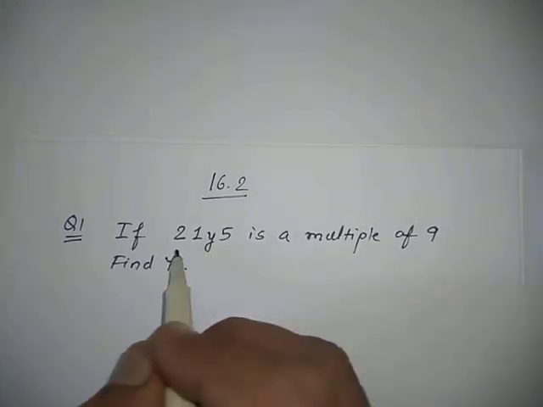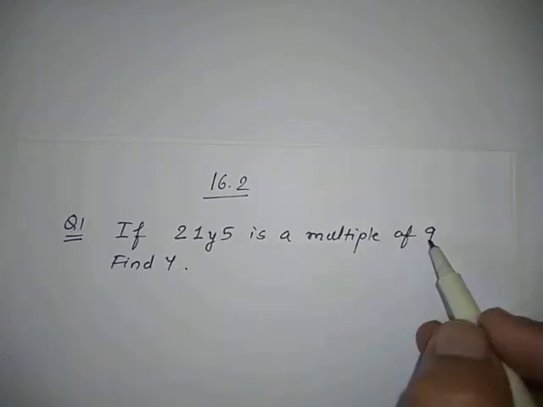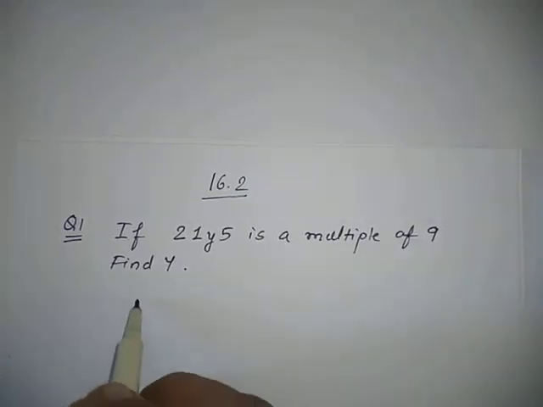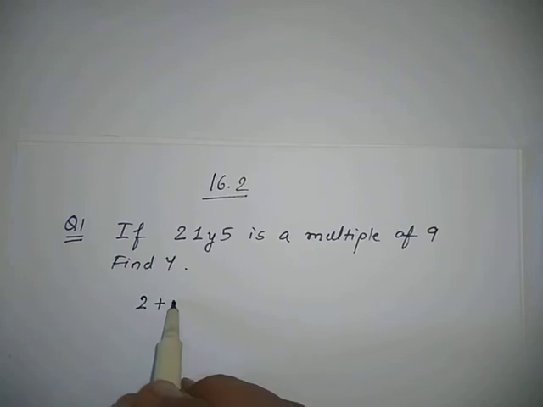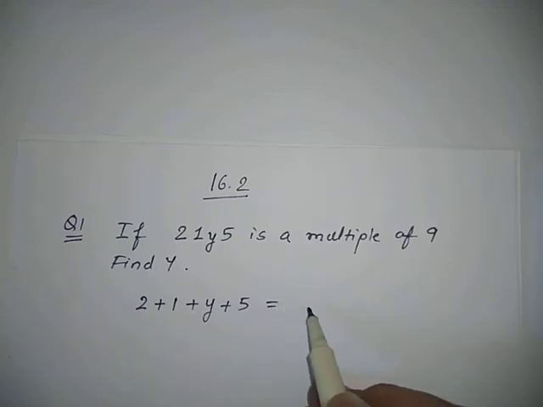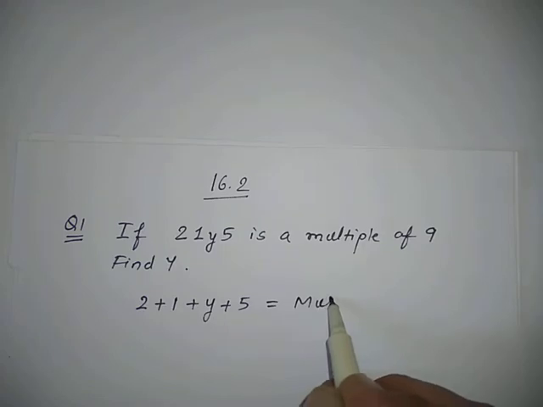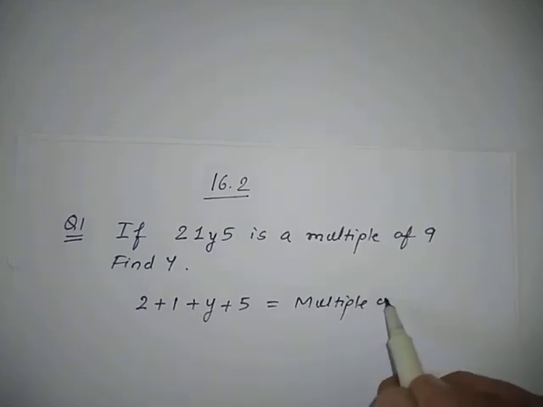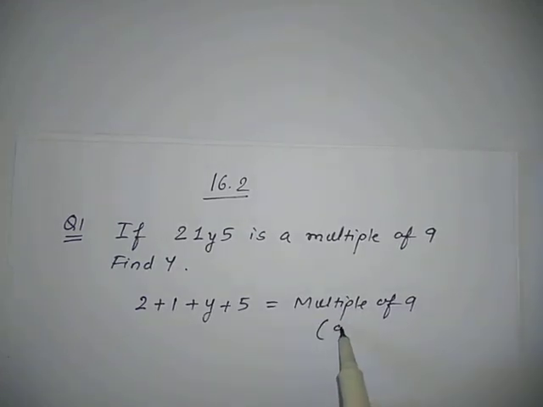So from here we find that it is a multiple of 9. So for the procedure, 1 plus 2 plus 1 plus y plus 5, and that will be how much? It will be a multiple of 9, and the multiples of 9 can be 9, 18, 27 and so on.